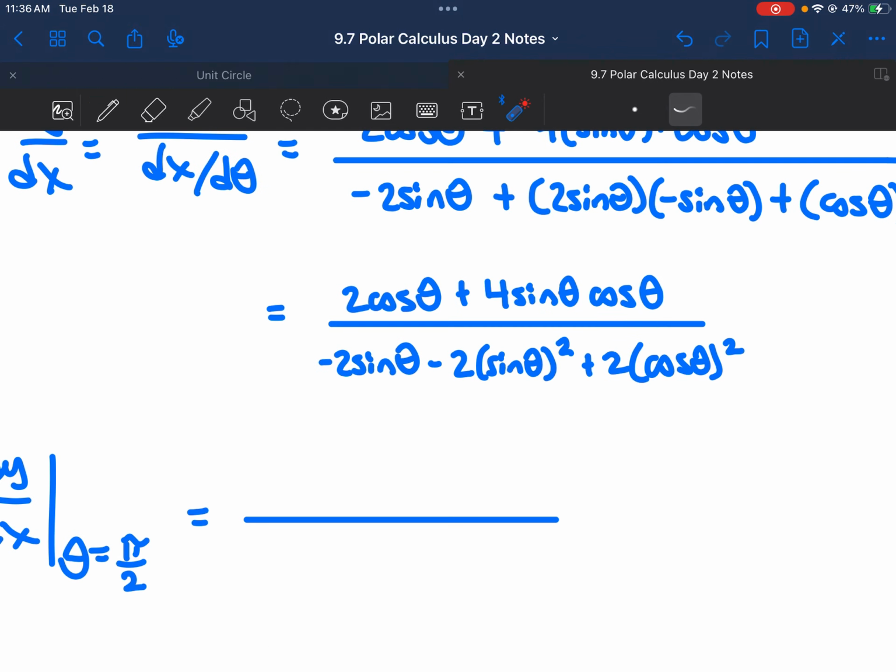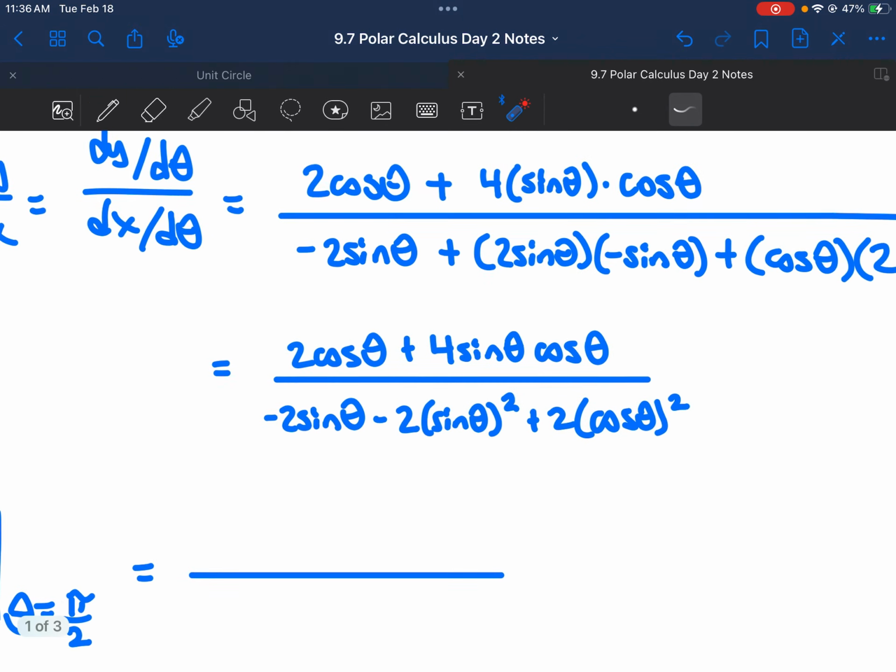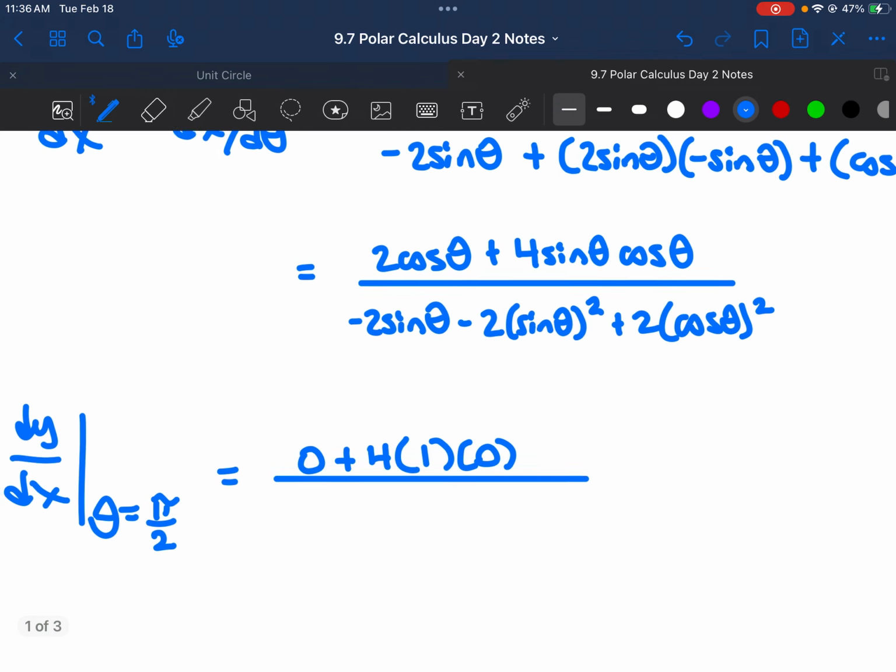All right. Well, if I plug in pi over 2, cosine of pi over 2 is 0. Sine of pi, so we got 4 times sine of pi over 2 is 1, but then cosine of pi over 2 is 0 again. So the whole top is 0.